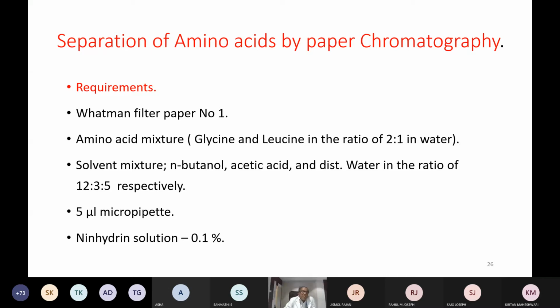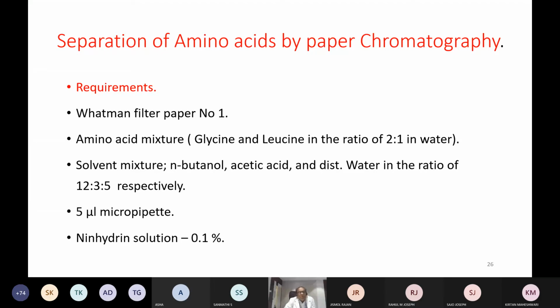A solvent mixture will be put into the beaker or container, acting as the mobile phase, in the proportion of 12 to 3 to 5.